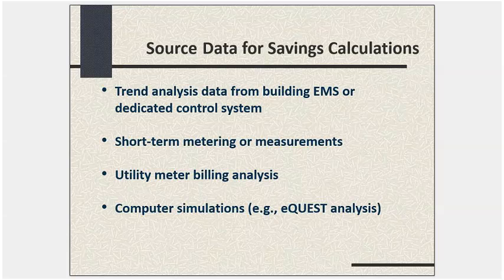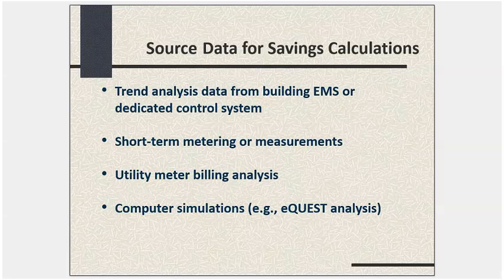So what are some of the sources of data for savings calculations? Well, trend analysis data may come from a building EMS or a dedicated local control system. There may be short-term metering or measurements, and that's particularly true when you're using Option A, which is the primary method being used by NORESCO for this project. You may look at utility meter billing analysis, and that may be done simply as a cross-check on Option A, for curiosity.